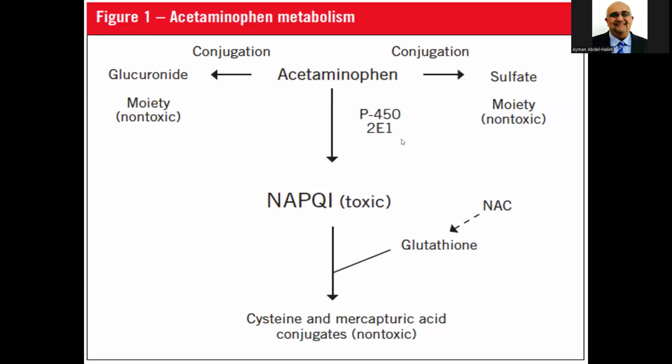Acetaminophen is metabolized by the 2E1 P450 basically to this toxic material called NAPQI, and the glutathione in your liver detoxifies this toxin. So if you ingest a lot of acetaminophen and you release a lot of this material, then you will consume the glutathione, and you will have liver dysfunction.